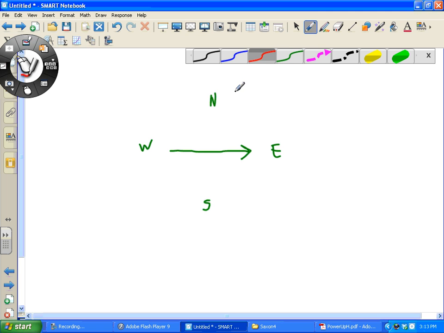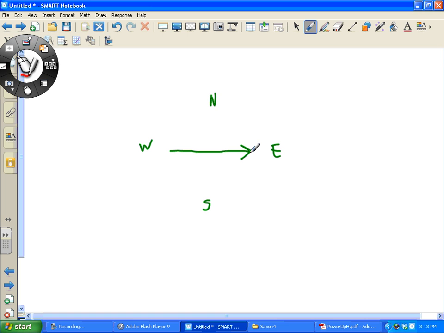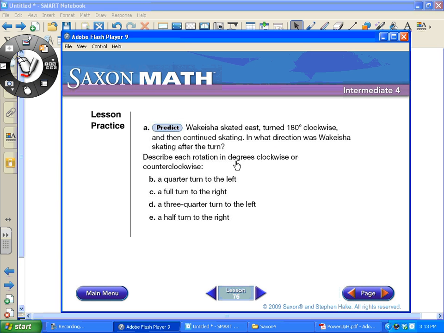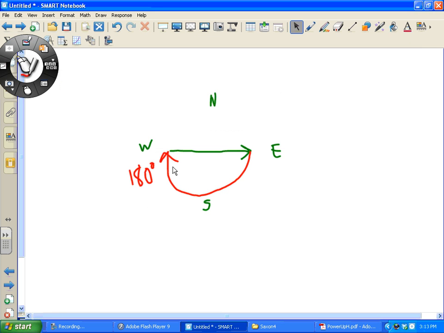So we know a 180-degree turn is halfway around, and she was going in the same direction that clock hands would go. So that would be this way. That's 180 degrees. In what direction was Waukesha skating after the turn? And you can see that she was skating toward the west.